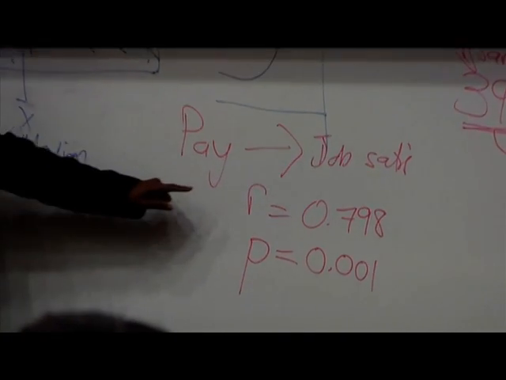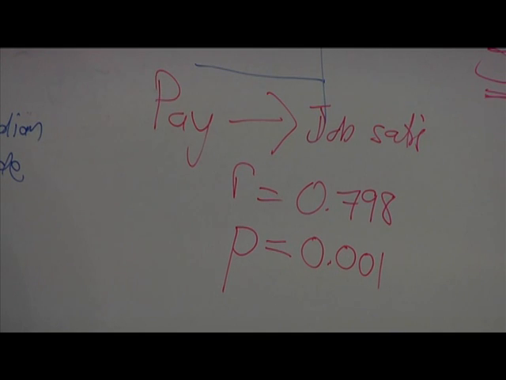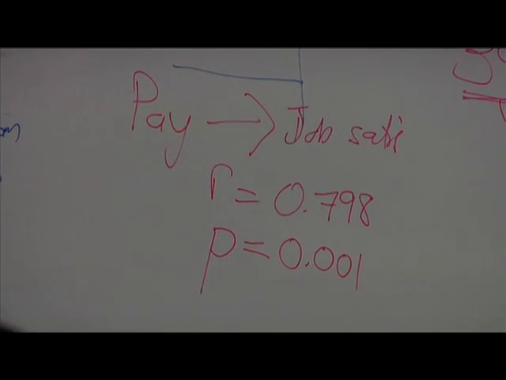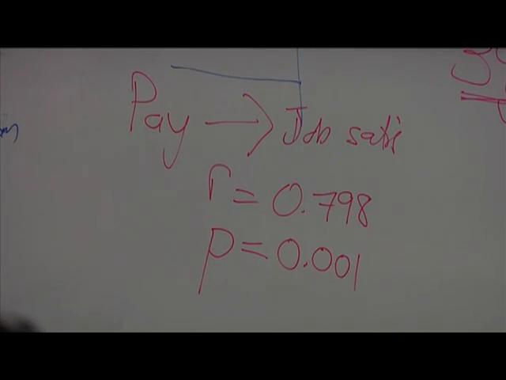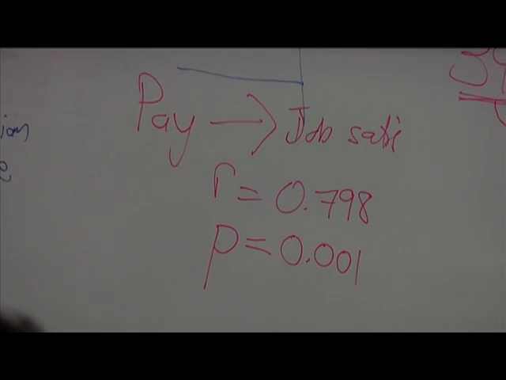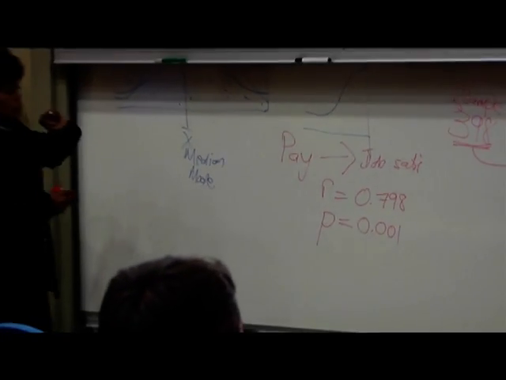Let's start with the R value in the interpretation. We've now correlated pay and job satisfaction. We got a correlation value of 0.798. It's telling us direction, it's telling us strength, it's telling us significance. Let's look at direction.